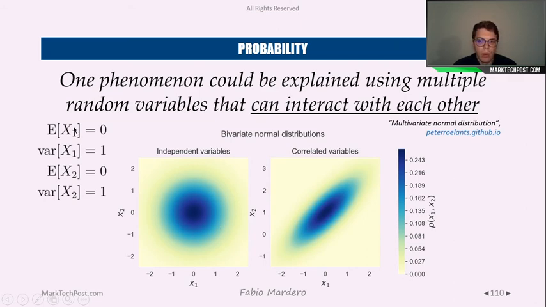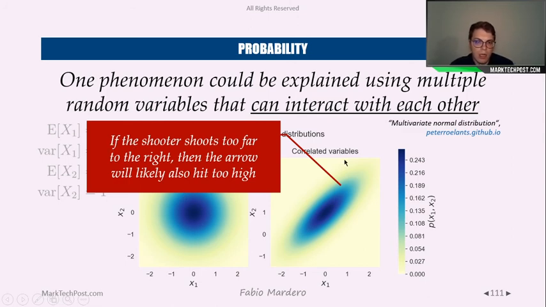We express that the expected value of x1 and x2 is equal to 0. Okay, good, the sniper is good at his job, and the variance is equal to 1 for both random variables. But given these properties, the two random variables can be independent, so they are uncorrelated, not related to each other, or they can be correlated, depending on one another.